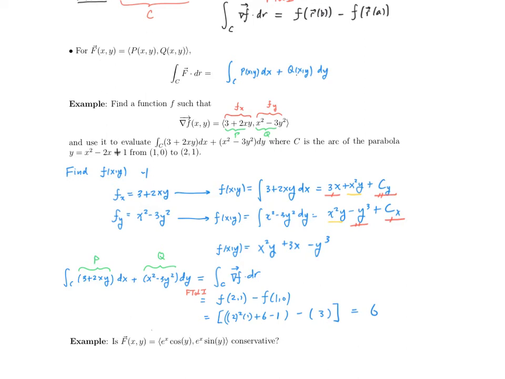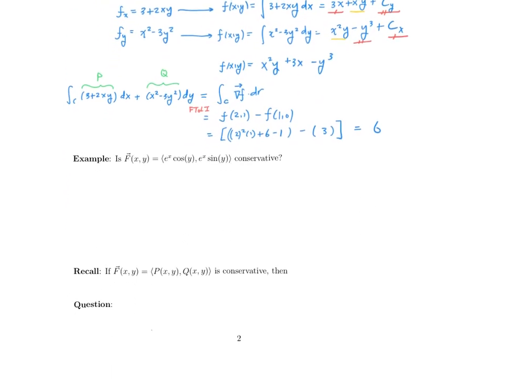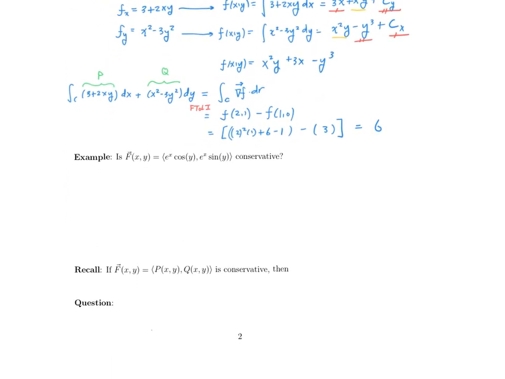And at the end of section 16.1, when we are introducing vector fields, we spend a little time talking about conservative or gradient vector fields. And let's just go back to a question similar to what we explored there. Is a given vector field conservative? This is something we need to be able to answer.